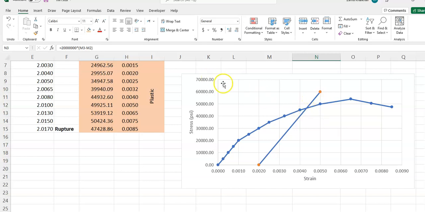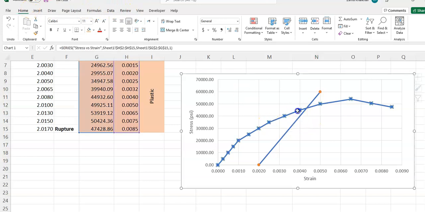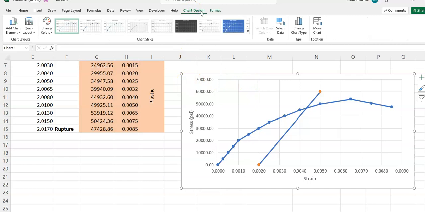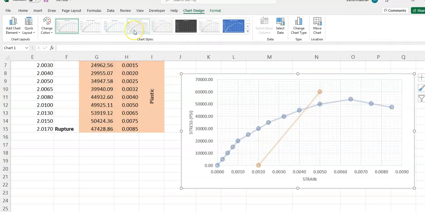If I go to chart design and select this one which has grid lines, I can estimate where the intersection is.